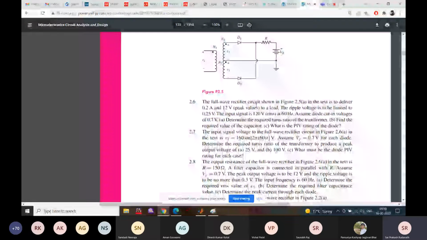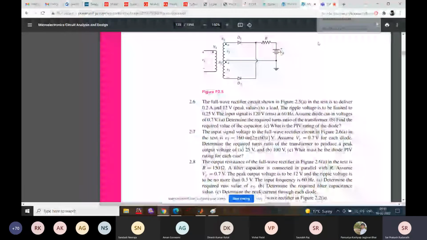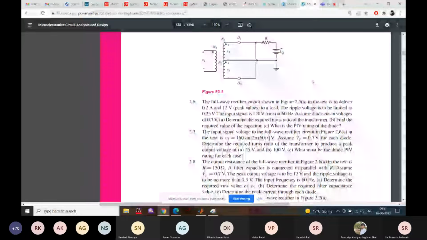For the negative half cycle, Vs is inverted, so minus Vs minus V gamma because D2 conducts. So the output voltage is minus Vs minus V gamma. Tell me, in reverse bias in the negative cycle, will the diode conduct? No, sir. Then it will conduct in the positive cycle only.